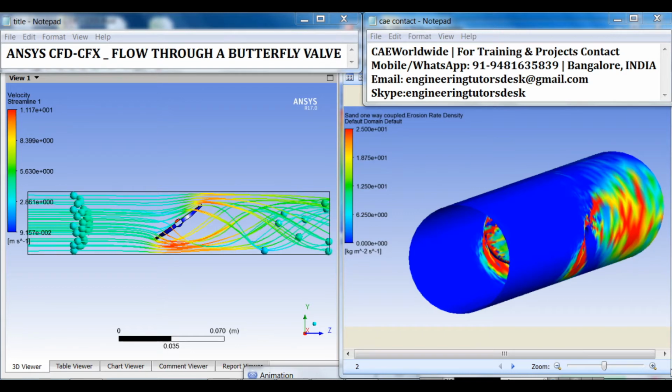CFX is recognized for its outstanding accuracy, robustness and speed with rotating machinery such as pumps, fans, compressors, and gas and hydraulic turbines. We know that pumps and compressors are common components.